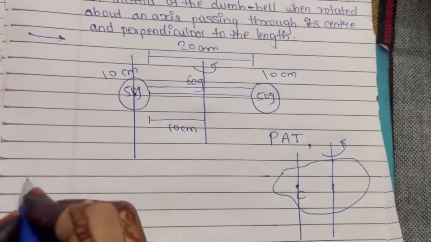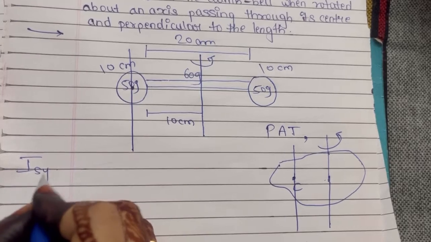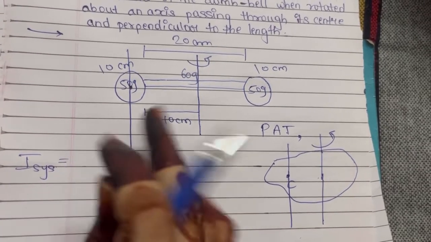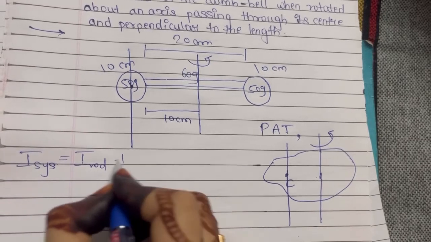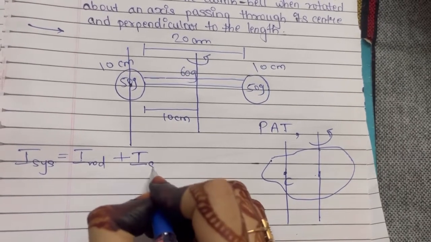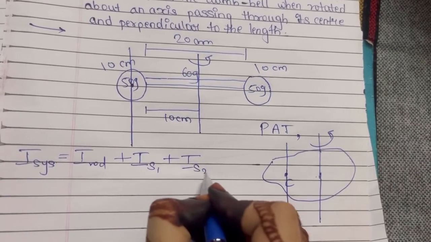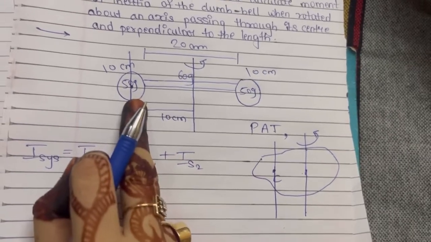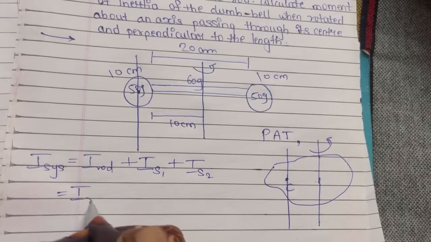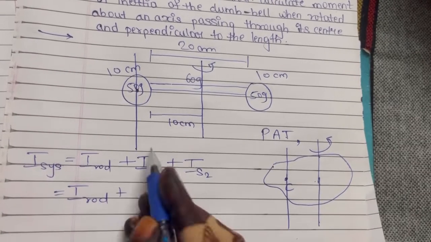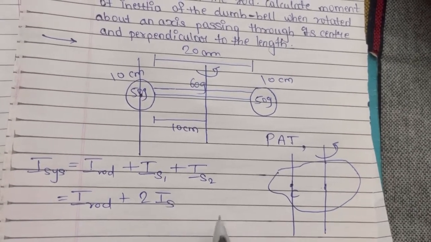Now if I want to find the moment of inertia of the whole system, then we have a rod and two spheres, means moment of inertia of rod plus moment of inertia of two spheres. Let me call the sphere S1, moment of inertia of this sphere and moment of inertia of this sphere. Both the spheres are identical, so I'll write it as 2S.